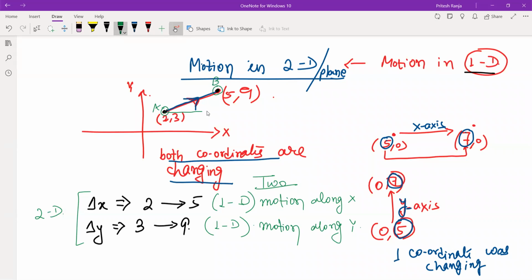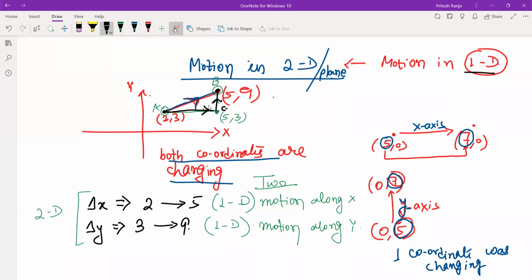If we see the movement along x, this point is 2, 5, 3, right? I have taken just this point below this. So in order to move from A to B, if we want to visualize it such that it moves along x-axis and y-axis, we can say object has moved from A to C and C to B, right?